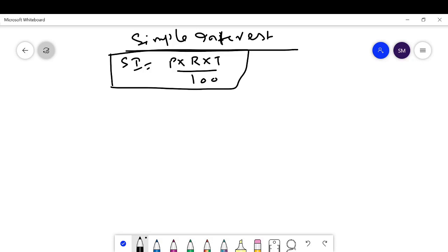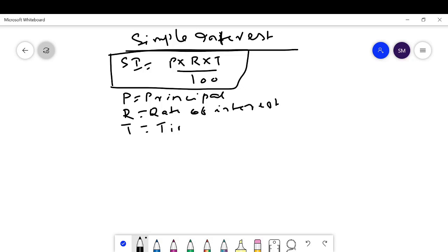Here P is the principal, R is the rate of interest, and T is the time period.